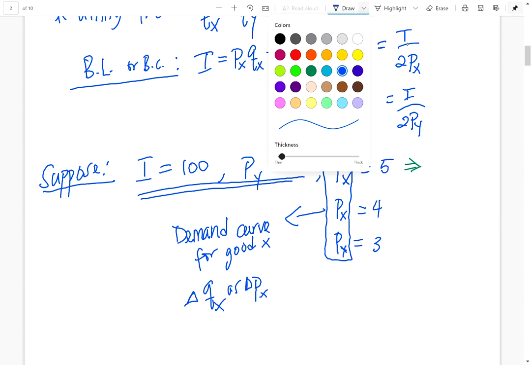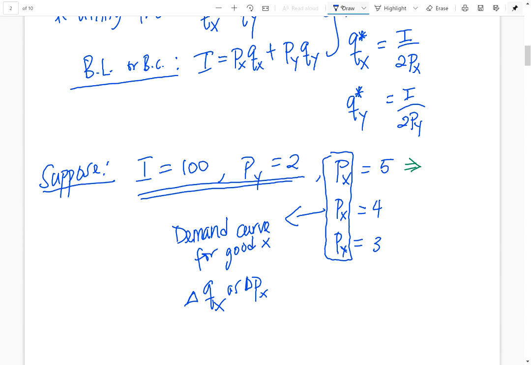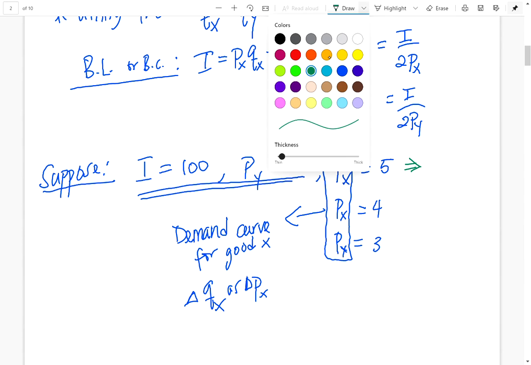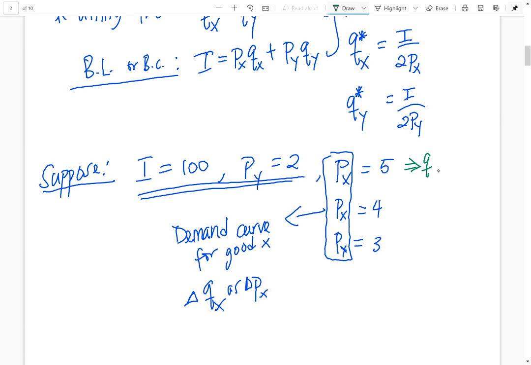This is income, so this would just be that 100, so Q of x here at point A will just be 100 divided by 2 times, but let's use parentheses since we have x's everywhere, 2 times 5, right, if the price is 5, which is 10. So 100 divided by 10. So we'll call this point A.